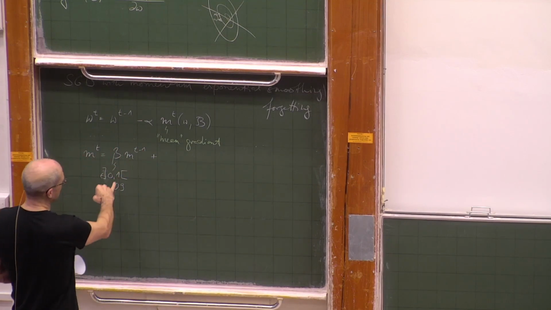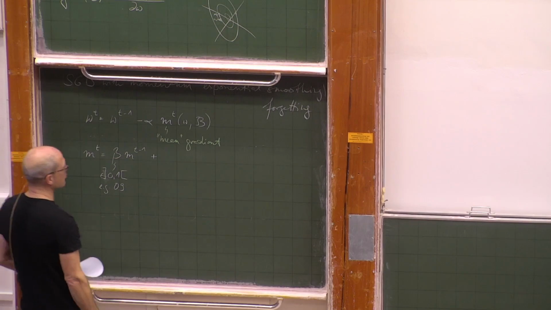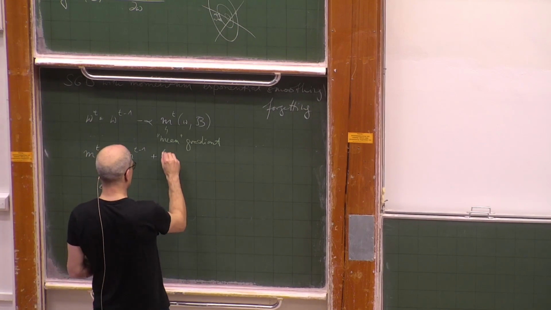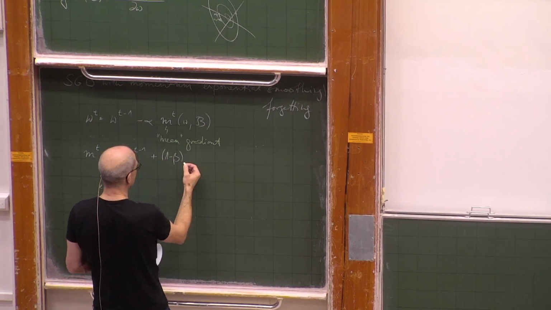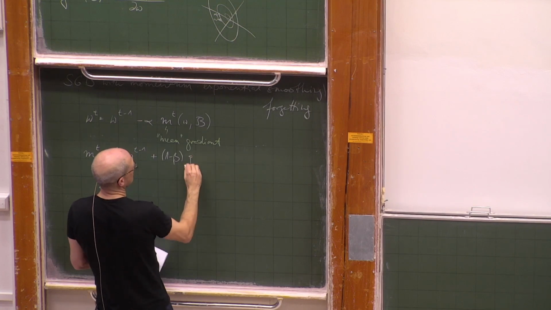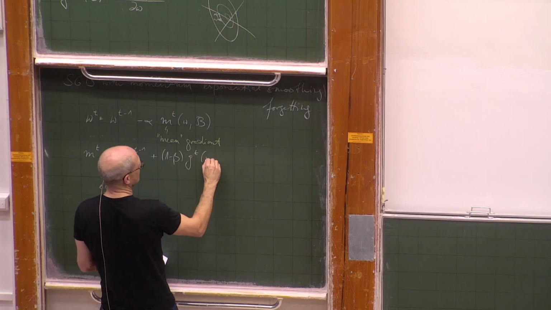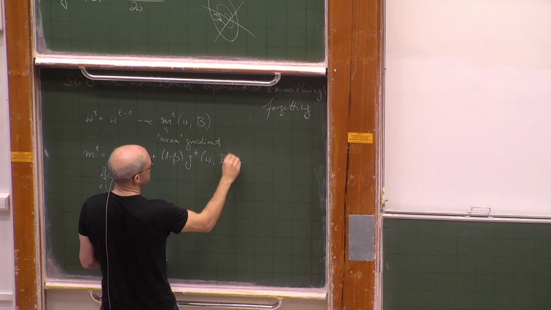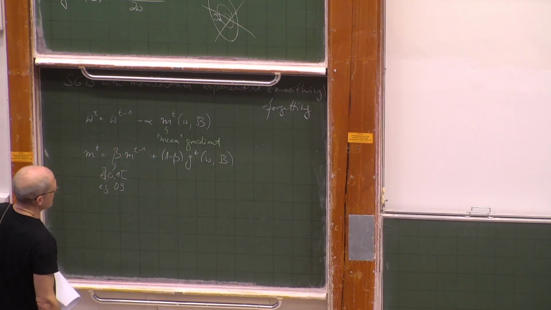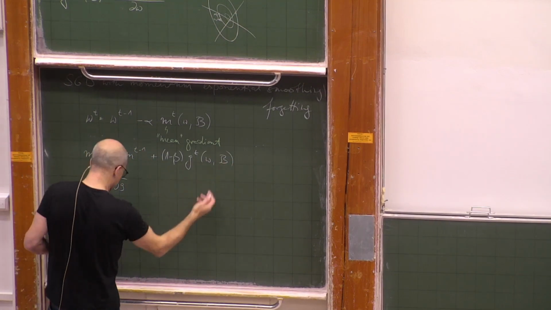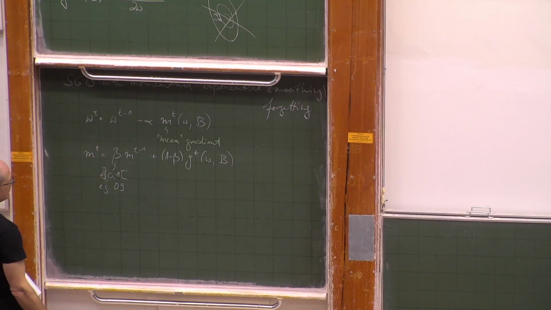So we take maybe 0.9 times our previous estimate plus 1 minus beta times the gradient at the current time step. So again, this is typically stochastic. We only use a subset of the training set.